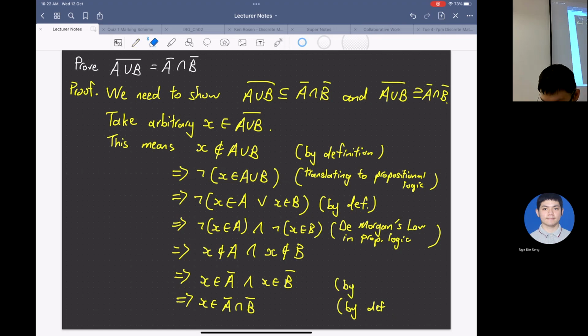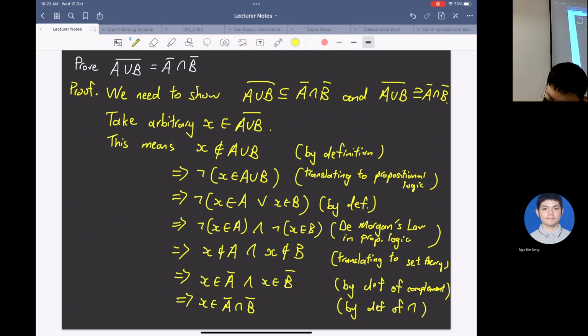Okay, so many by definition, later you confuse again. This is by the definition of the intersection, this one is by the definition of the complement. This one is just translating back to set theory. This one by definition of the complement.